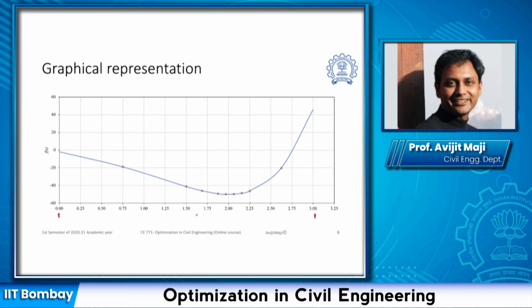We had selected the middle point, which was 1.5, and the first quarter point was 0.75, and the second quarter point was 2.25.